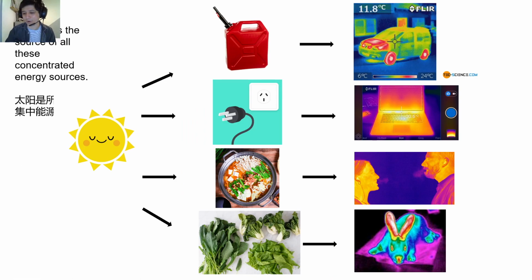And then maybe another animal will eat the rabbit. There's a food chain. This dispersal of heat is very important for understanding how food chains work, why they're fragile, and all these different things. So again, the sun, fortunately for us, is the source of all these concentrated energy sources.